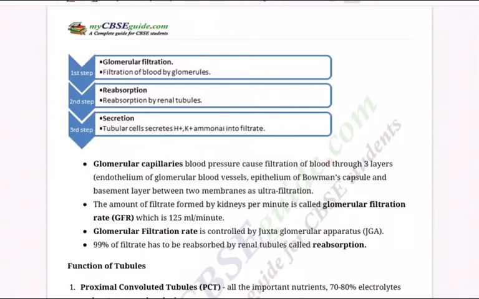In this session we are going to discuss urine formation, because in our previous session we talked about the structure of the nephron, and we understood that the unit of excretion is the nephron, and the nephron has different parts meant for performing particular functions.